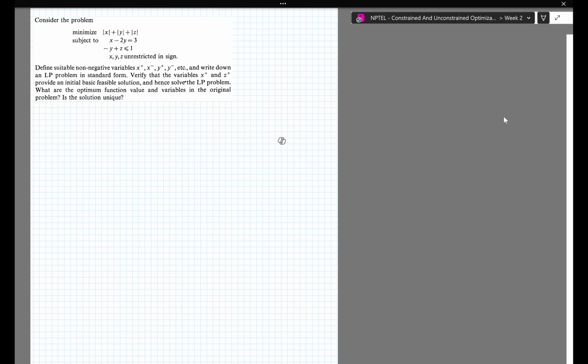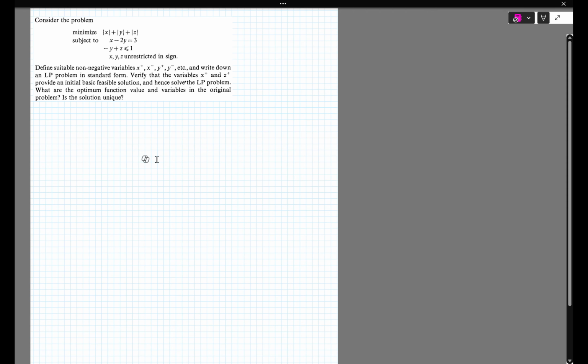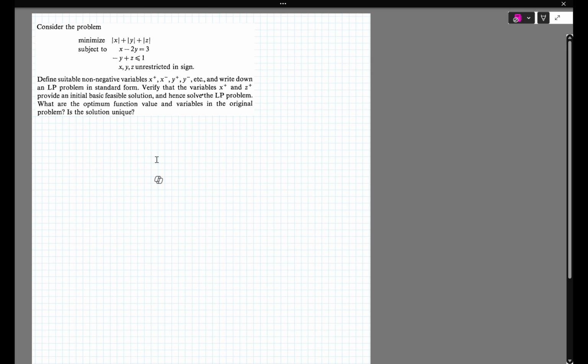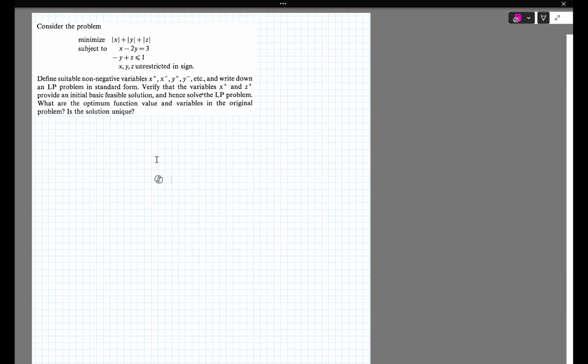Let me just look at this question also. How will you do this? First, we have to change x, y, z to restricted ones, because the objective is also there, the objective mod x, mod y, mod z. We can find the solution and take the positive values.